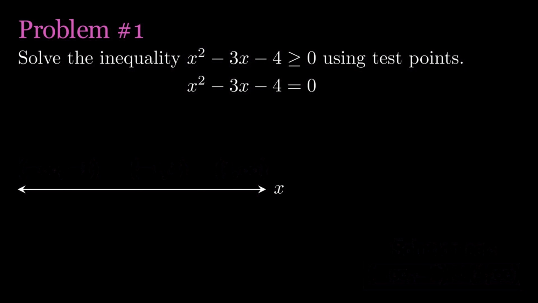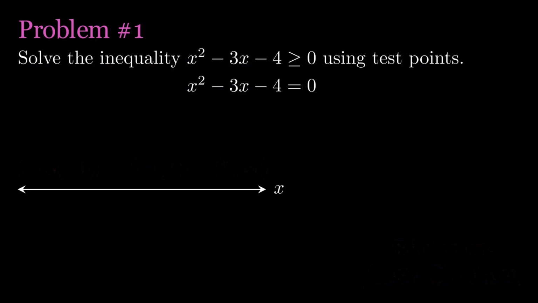In terms of the endpoints, those real zeros that we plotted are only included in the solution set if it's an or equal inequality, as in our case here. So let's start with solving this quadratic equation corresponding to our inequality.